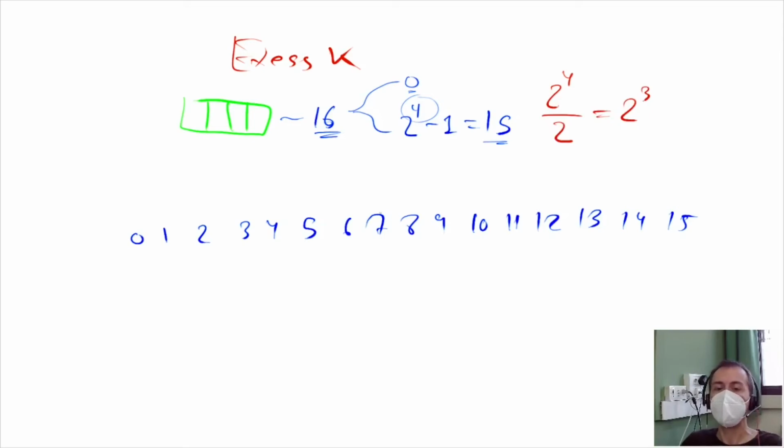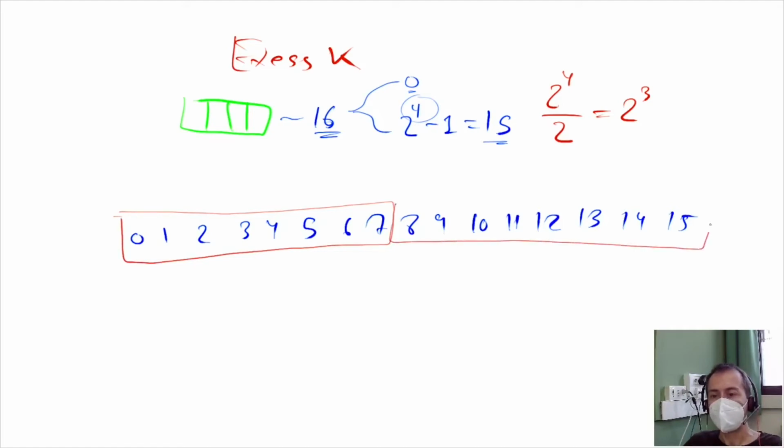So we take the first 8 digits for negative numbers and the rest of the numbers for positive numbers. So these are the first 8 numbers, and these are the other 8 numbers. We have 8 quantities here and 8 quantities here.